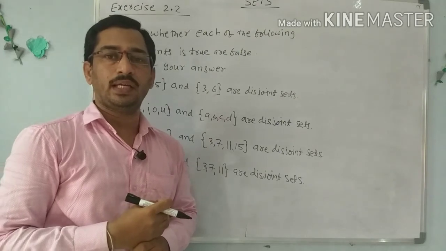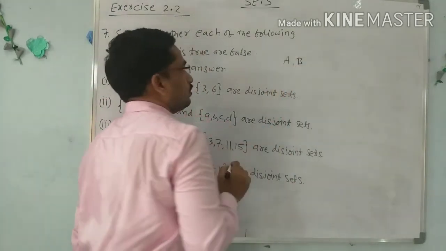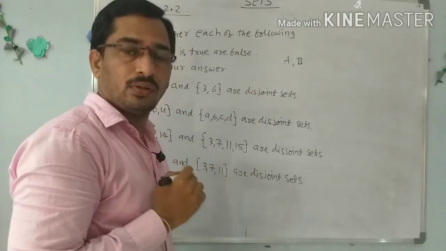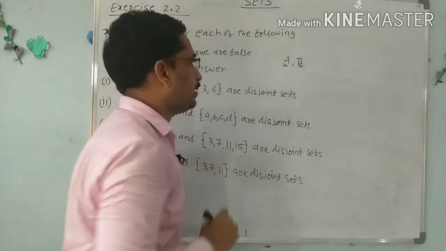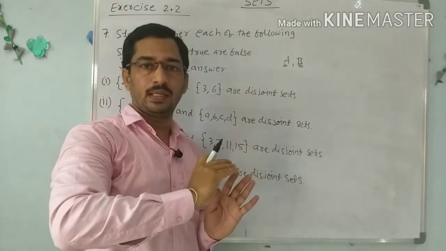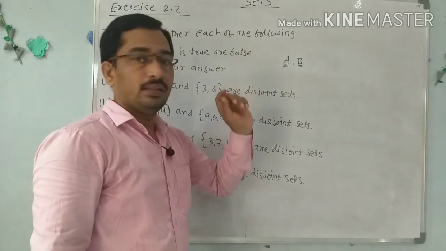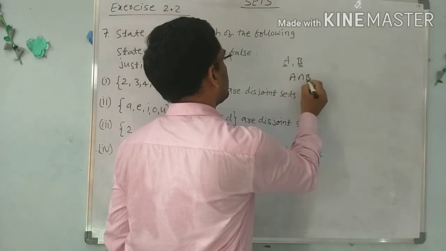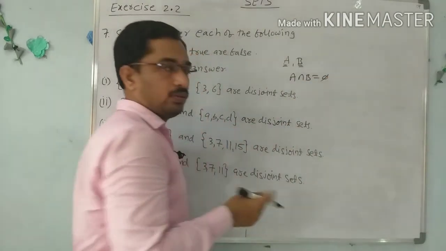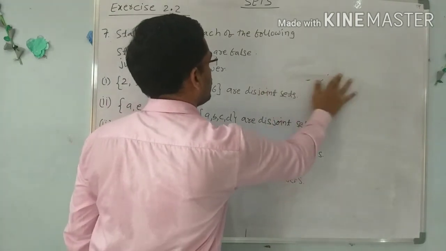Disjoint sets means if A and B are two sets which have no element in common, A elements are separate and B elements are separate, then the sets are called disjoint sets, and the intersection of disjoint sets is always the empty set. So this is about disjoint sets.